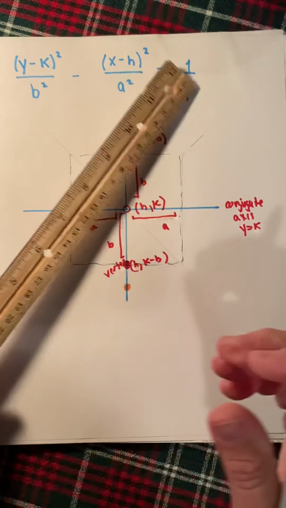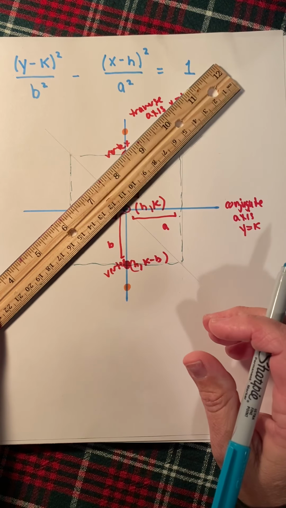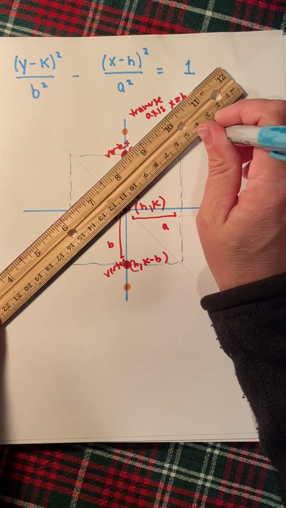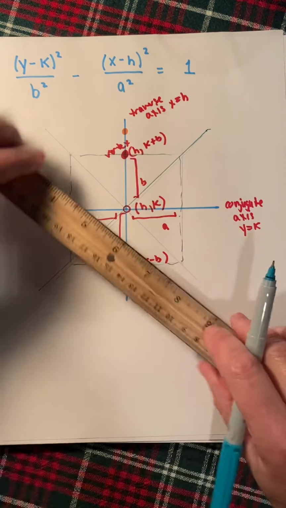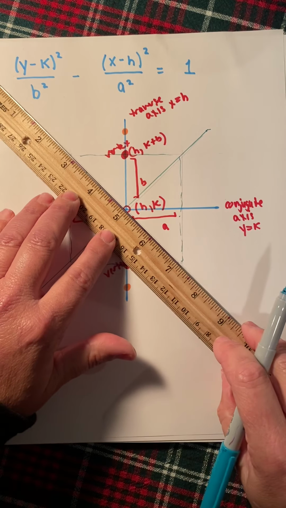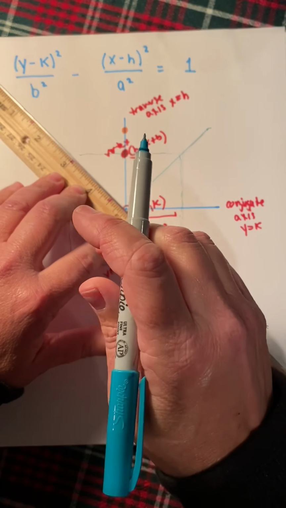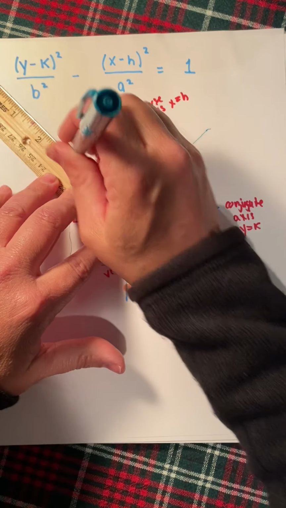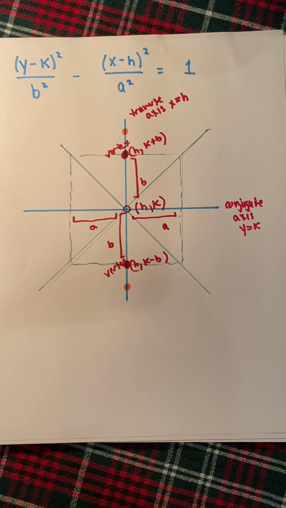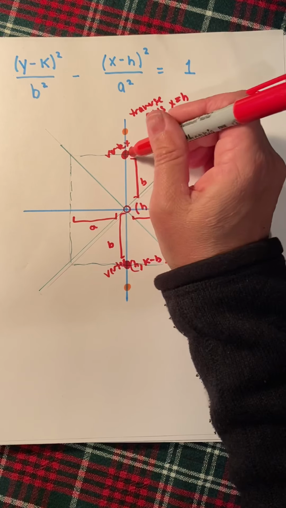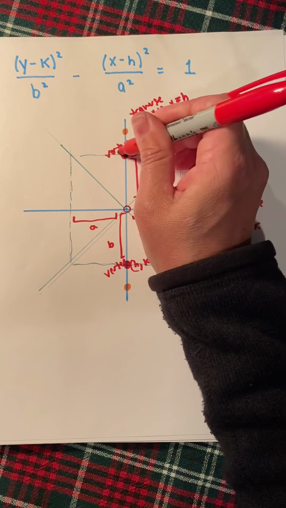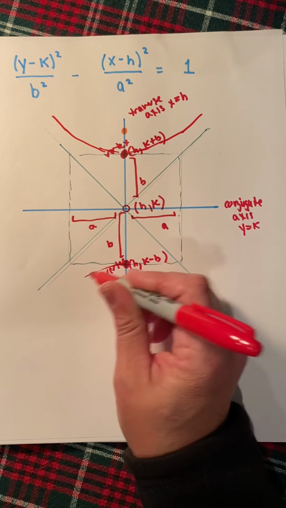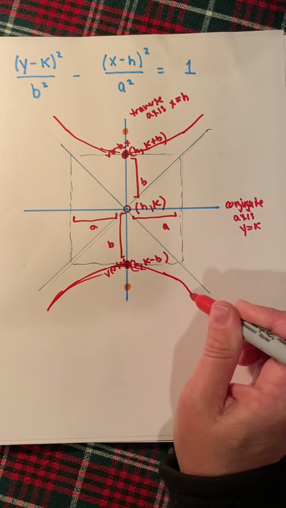Then we're going to draw the diagonal lines. And then my vertex here is going to go like this, that's my graph, and this one's going to go down this way.